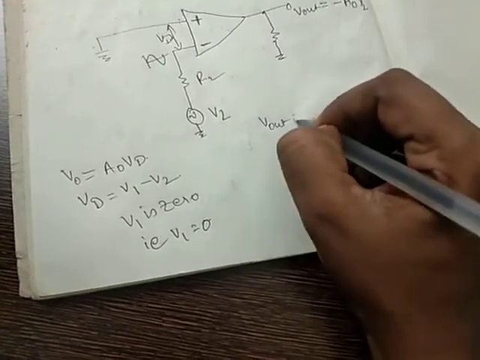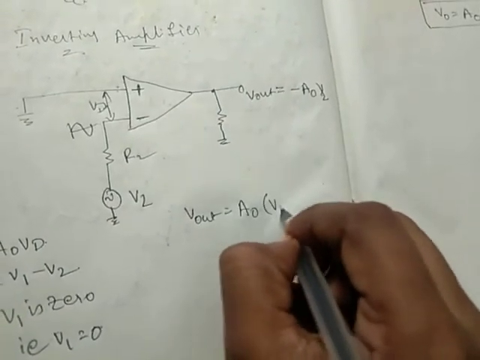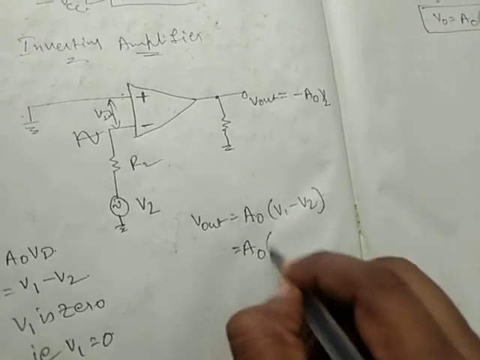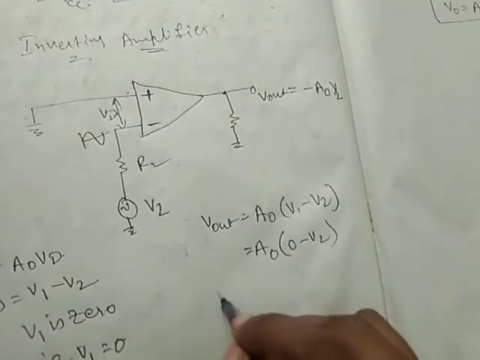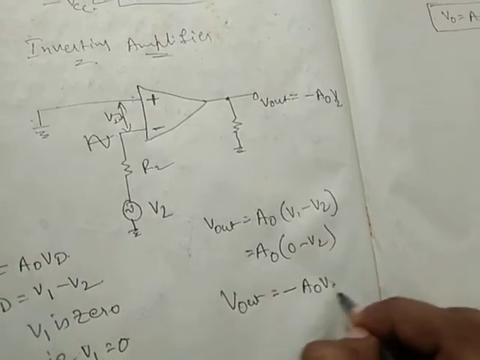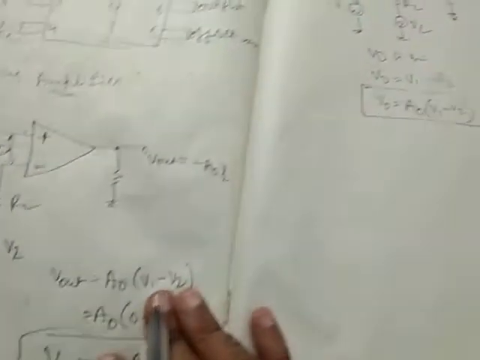So V out equal to A0 of V1 minus V2, equal to A0 of 0 minus V2. V out equal to minus A0 into V2. This is the inverting amplifier.